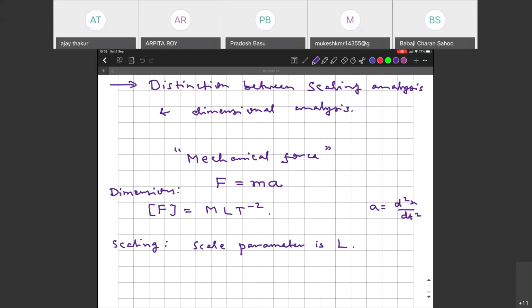Because we are trying to see how, as a function of length, things are being scaled. So it's like asking a question that if I am looking at the force required to push a cube, or push a particular mass. So mass could be a cubic shape, could be a spherical shape, could be any odd shape, right?